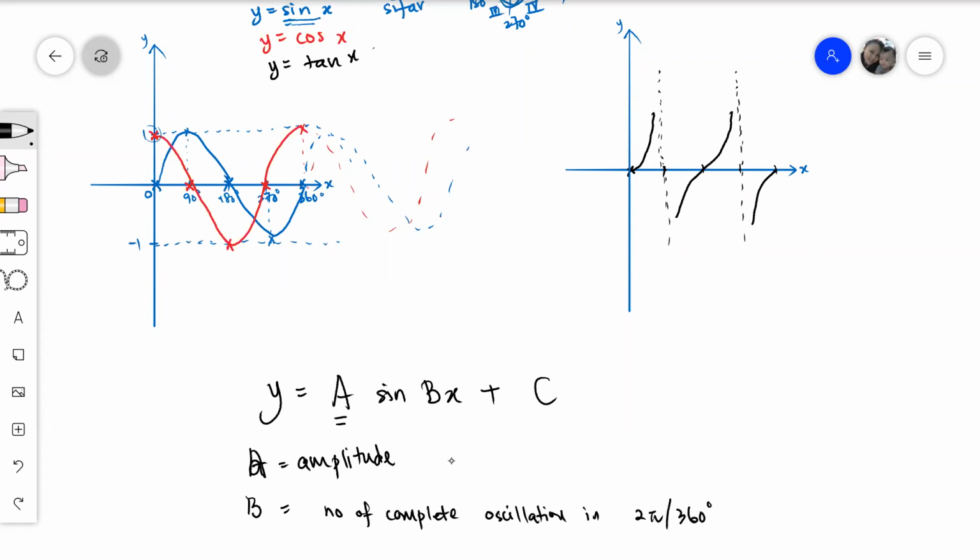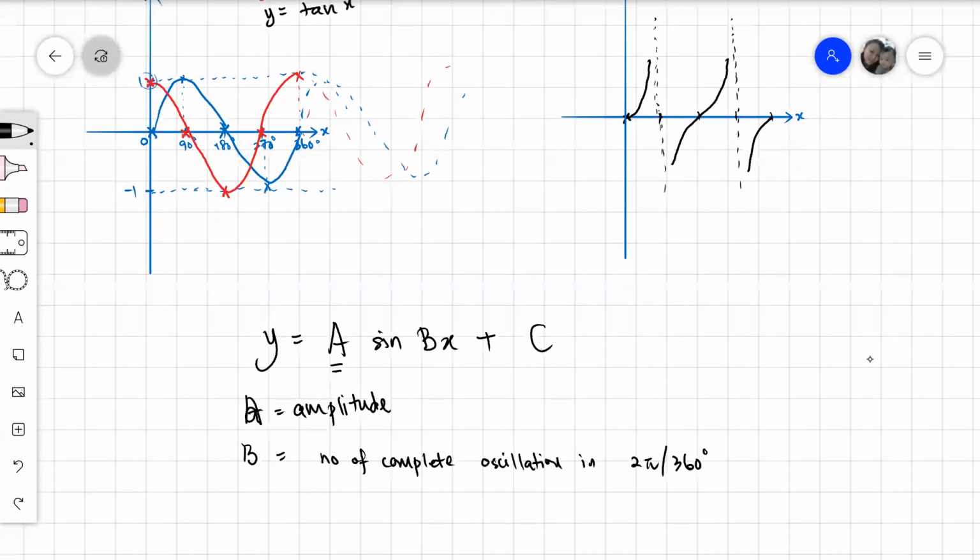That means for our standard sine x graph, the b value is 1, so you will see 1 complete oscillation in 360 degrees. For the cos graph, from 0 to 360, you will see a half mountain, a full valley, and another half mountain, like a valley between 2 mountains, whereas for sine 1x you have 1 mountain and 1 valley. So that is the oscillation.